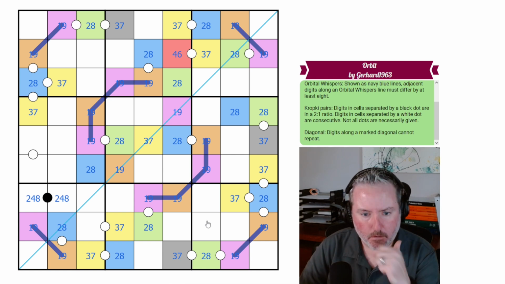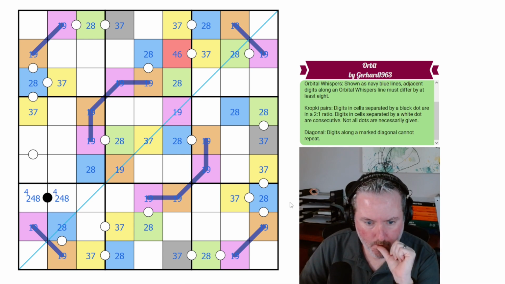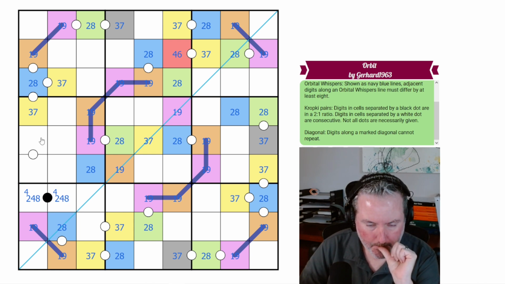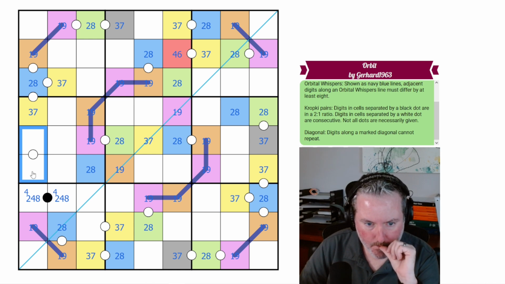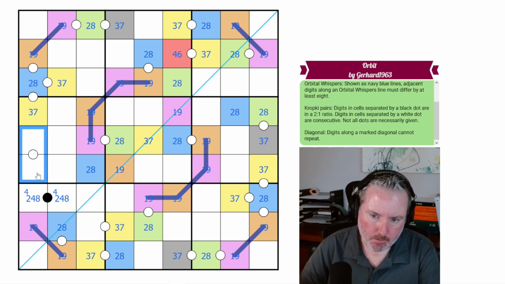Now, I don't know. We know there's a 4 on here, but that isn't looking at anything we have just yet. The only other clue we still have left over is this guy here. Can we determine this one? It can't ever have a 1 on it. We know that by Sudoku.